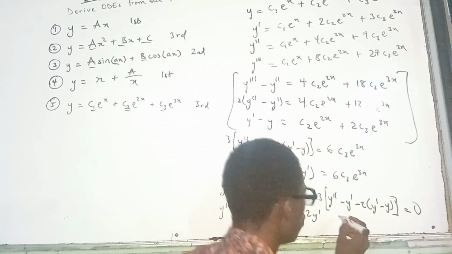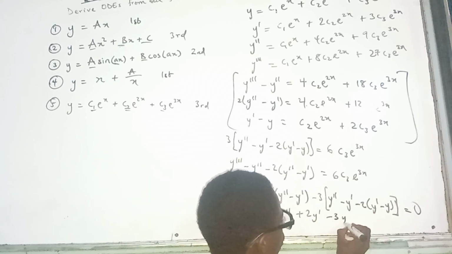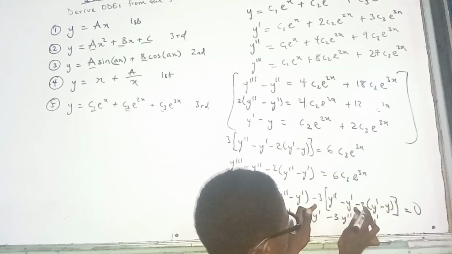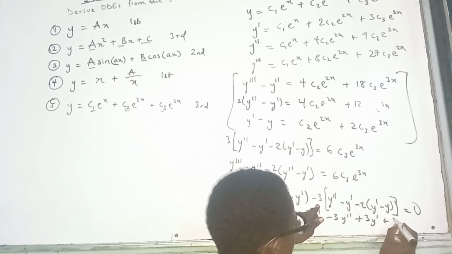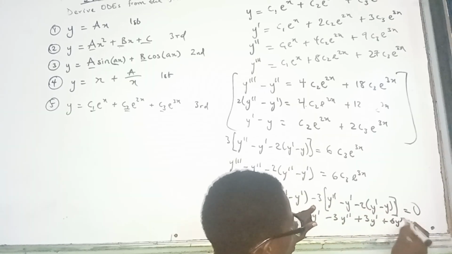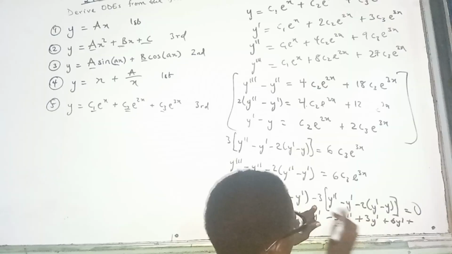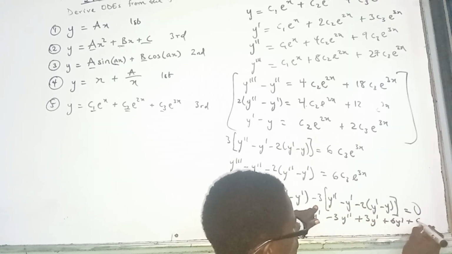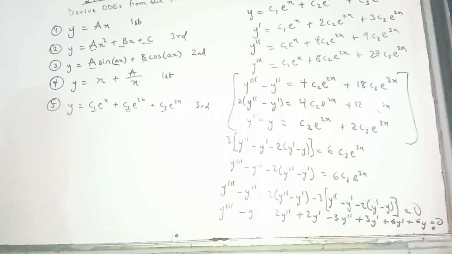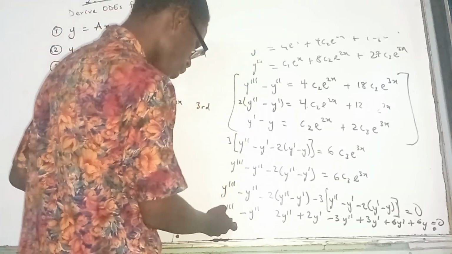Now let me open this one, minus 3y double prime plus 3y prime plus 6y prime minus and plus 6y equals to 0.